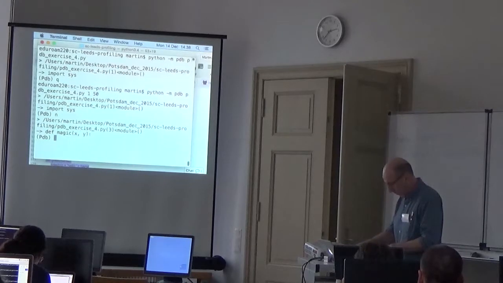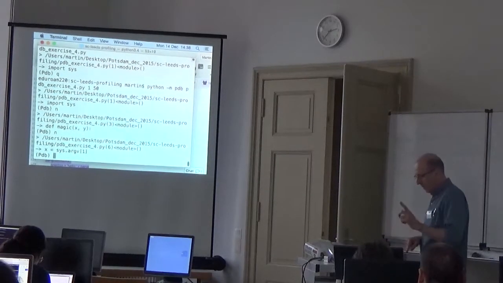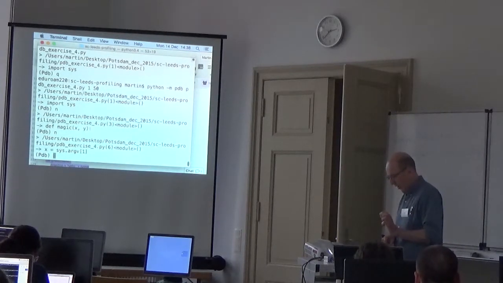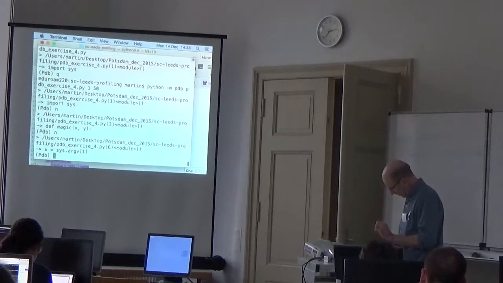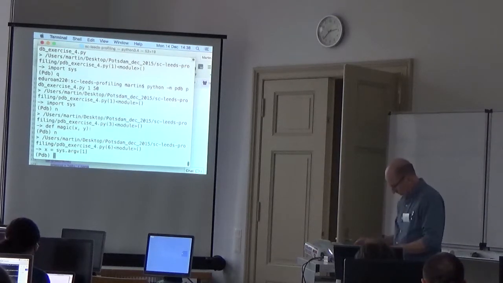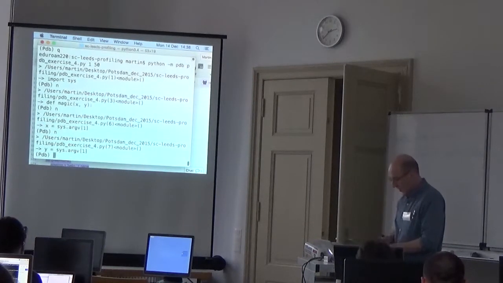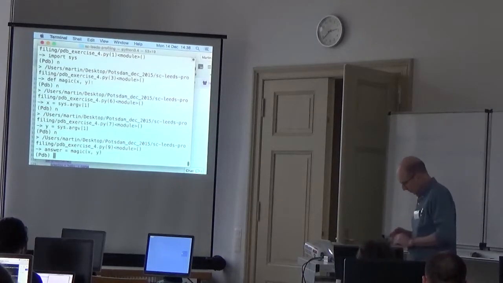I want to get argument 1. So that should get me the first argument, or at least one of the arguments. So let's do n again. That should get me x. Let's do n again. That should get me y.